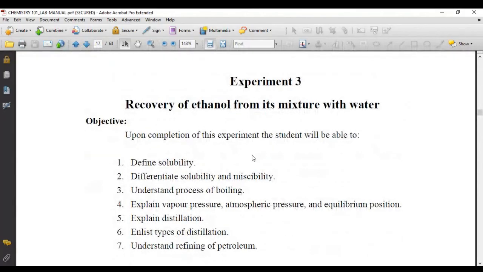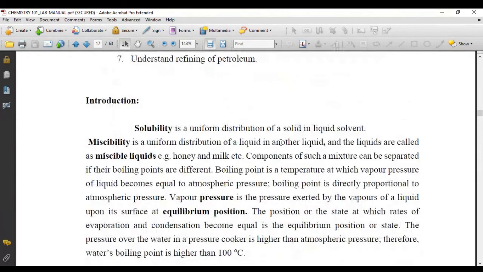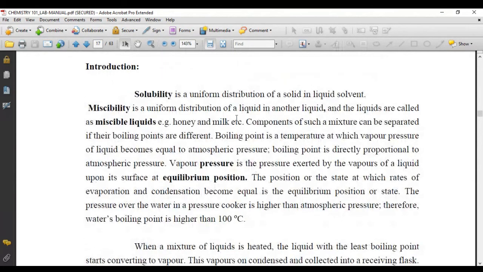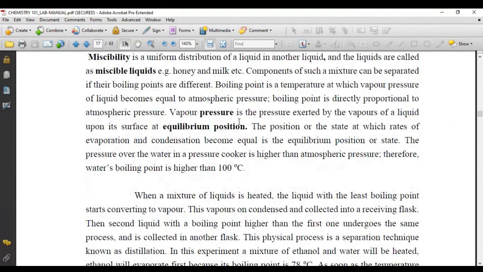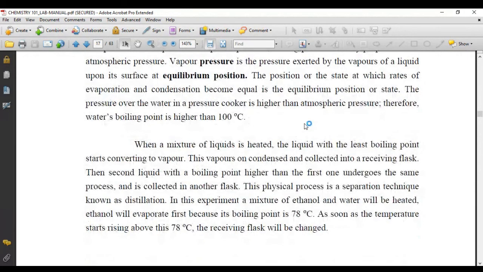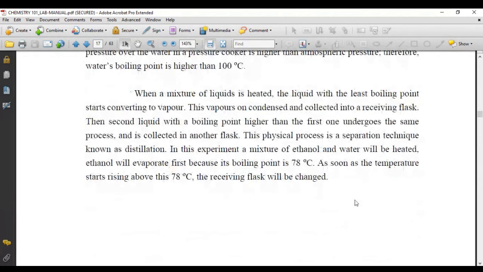So we are going to discuss our experiment number 3, recovery of ethanol from its mixture with water. Okay, so I told you about miscibility, solubility, miscible liquids, vapor pressure, and the equilibrium position, when the rate of evaporation becomes equal to the rate of condensation.